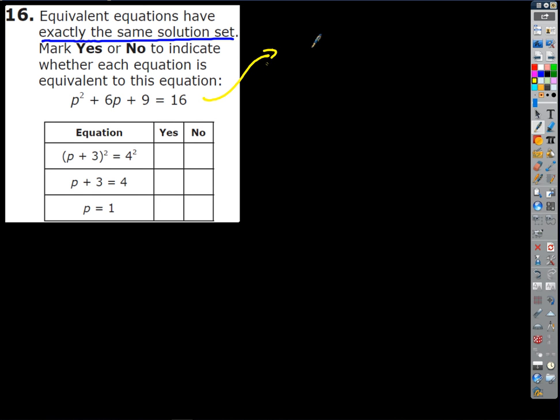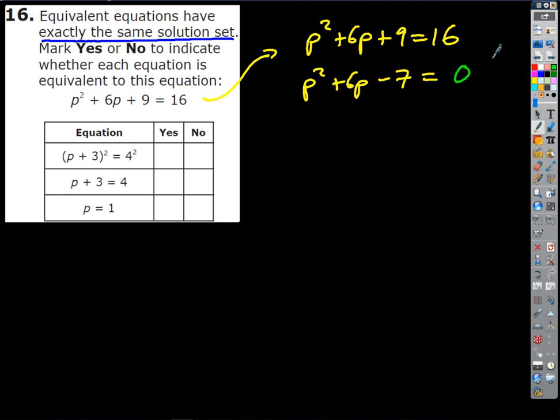So if we solve this equation, it's an easy one. p squared plus 6p plus 9 equals 16. First step? We've got to get it equal to 0, right? So p squared plus 6p minus 7 equals 0.